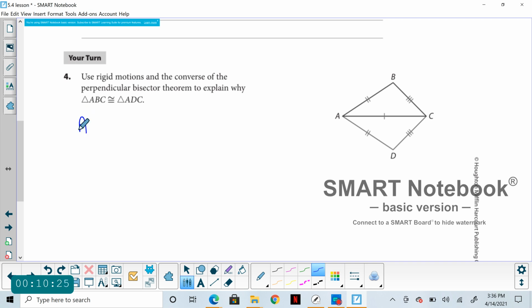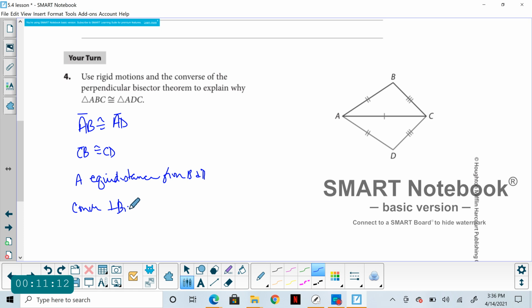Because AB is congruent to AD and CB is congruent to CD, because A is equal distance from B and D. So then by the converse of the perpendicular bisector theorem, we can say AC is the perpendicular bisector of BD.